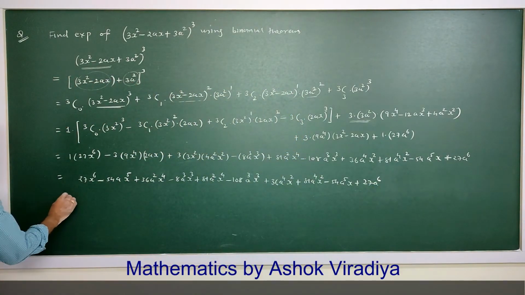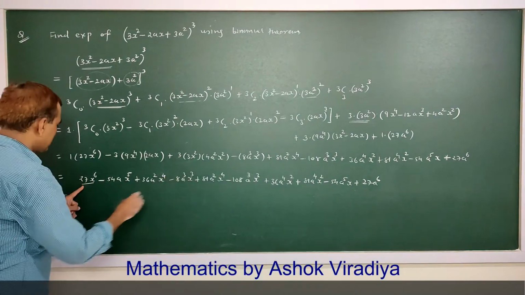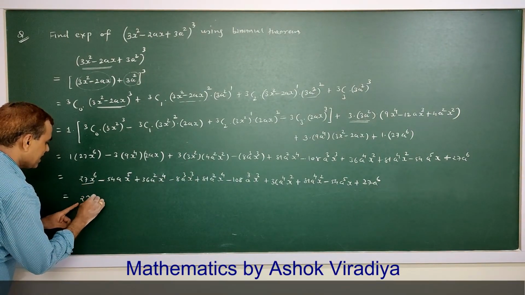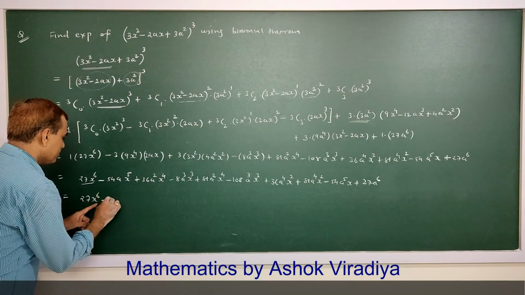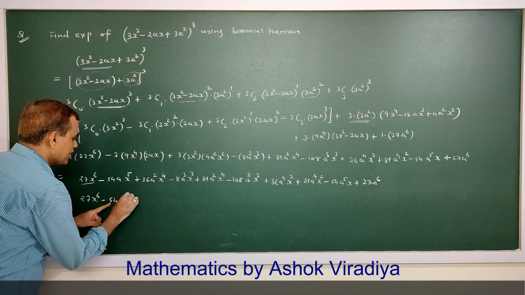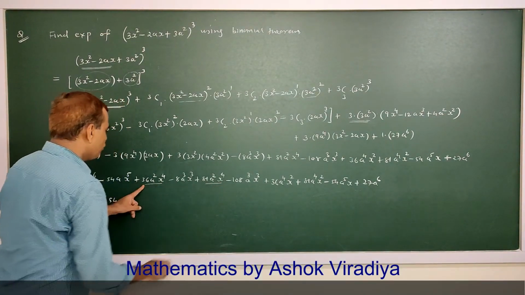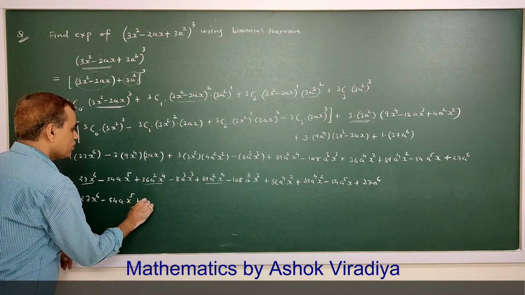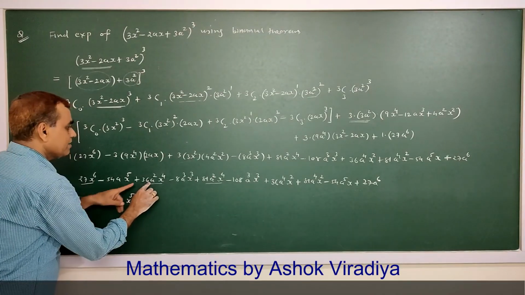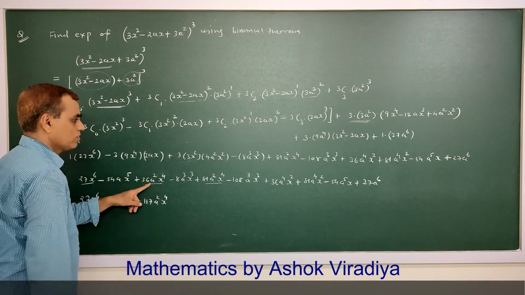Now joining like terms, this is 27x raised to 6. Then x raised to 5, minus 54a x raised to 5. Now here, these are with x raised to 4, so 36 plus 81, that is 117a square x raised to 4.